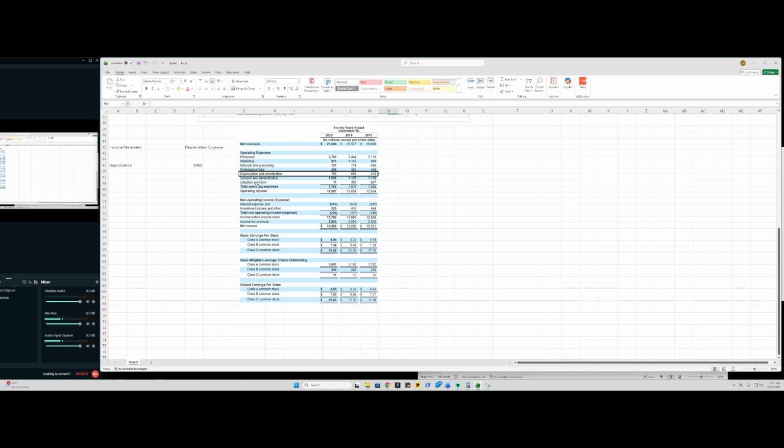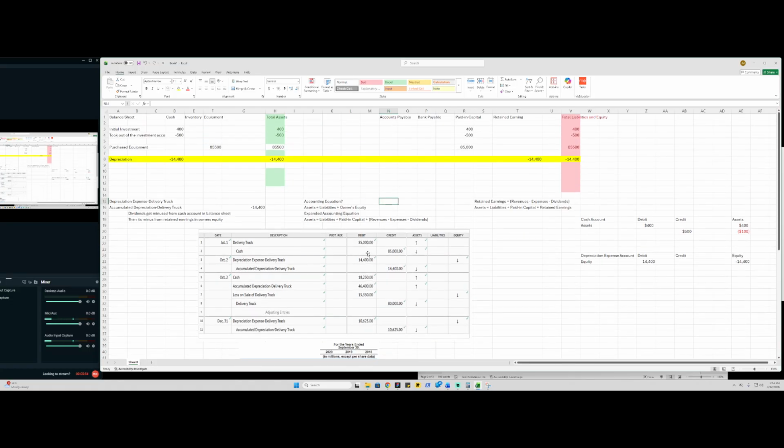So sometimes you wouldn't even have this written out. You would just have the operating expense and the operating income. But you would write the depreciation here. Okay, you write it in the income statement.